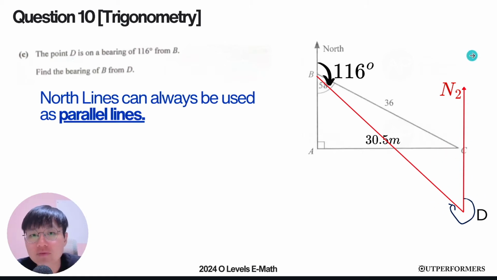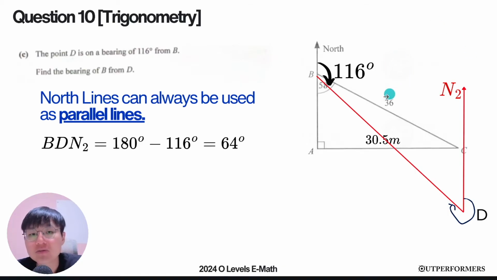One very important feature for north lines is that we can use them as parallel lines. And with parallel lines over here, we can think about it as interior angles. That's the most commonly used one in bearings. So if both of them are parallel lines, that means the interior angles over here will add up to 180.